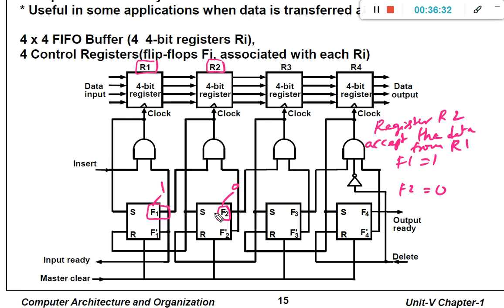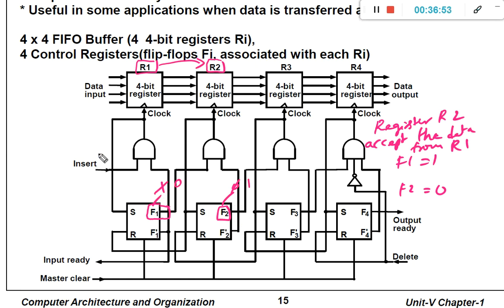After this operation is performed, F1 is cleared, F1 is reset, meaning it will be cleared to 0, and F2 is set, so it will be set to 1. Now the data is moved from R1 to R2.